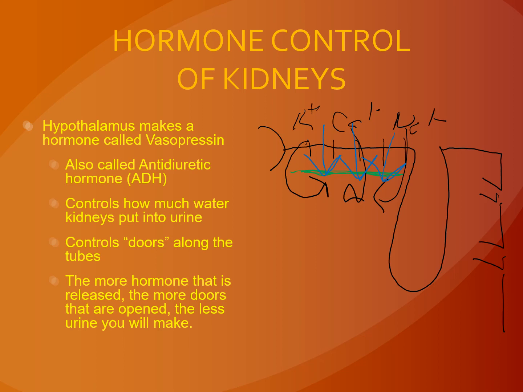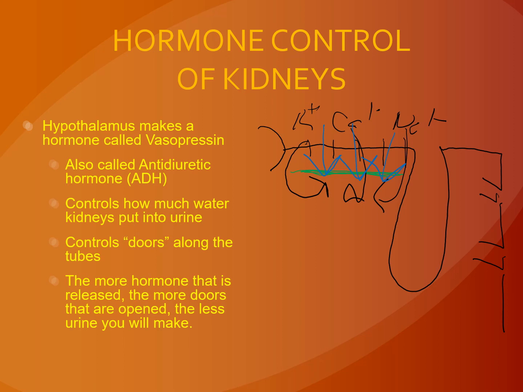Osmosis, in order to counteract so my blood does not get too thick. So the more ADH, or the more vasopressin that the hypothalamus makes, the more of these doors are going to get opened. So the more stuff you reabsorb, the more water gets put back into our bloodstream.